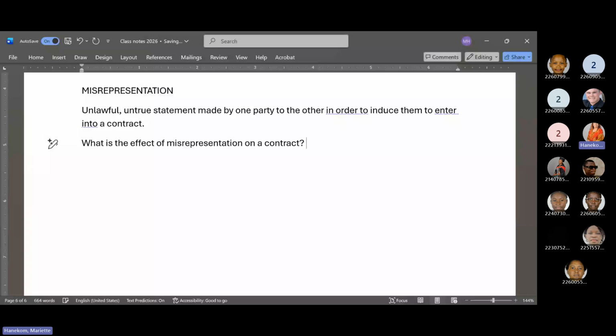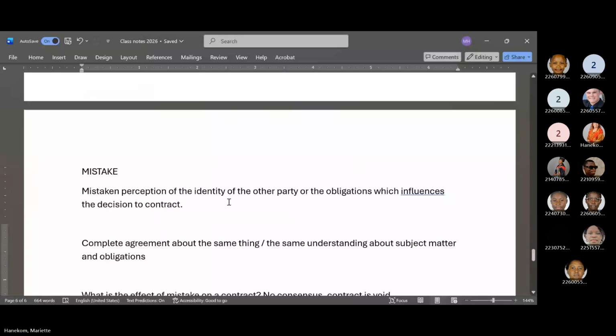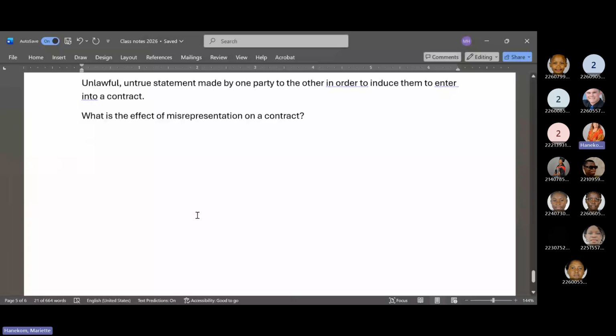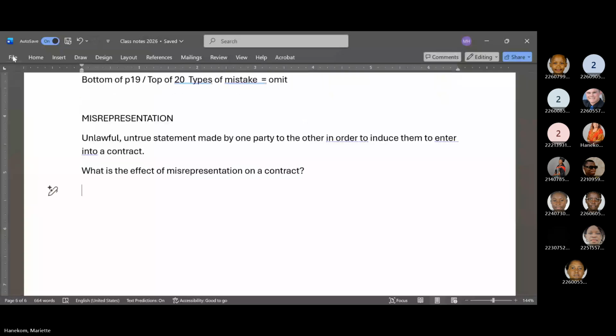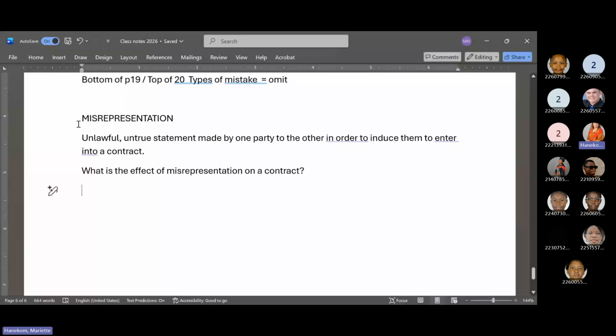This brings us to this issue that I mentioned. So mistake: if there's mistake, the contract is void.